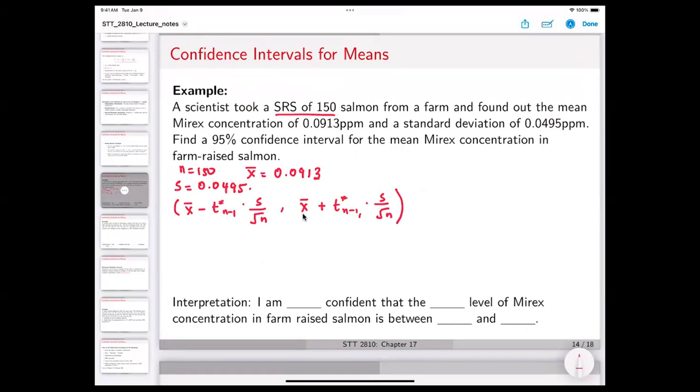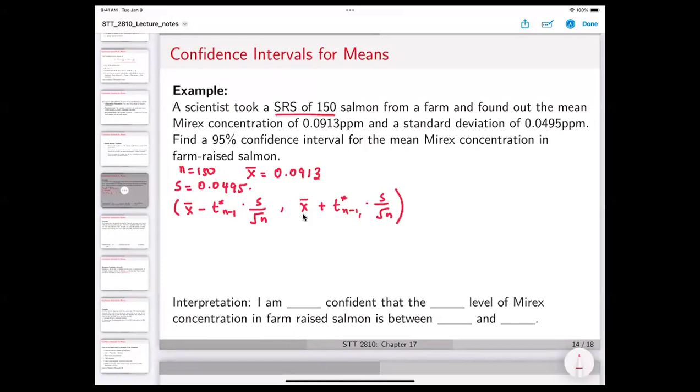So what I want from you now, we have most of the parameters here. What we do not have here is the critical value. Last time I taught you how to get a critical value. So I want you to go to your StatCrunch and tell me what is the critical value.